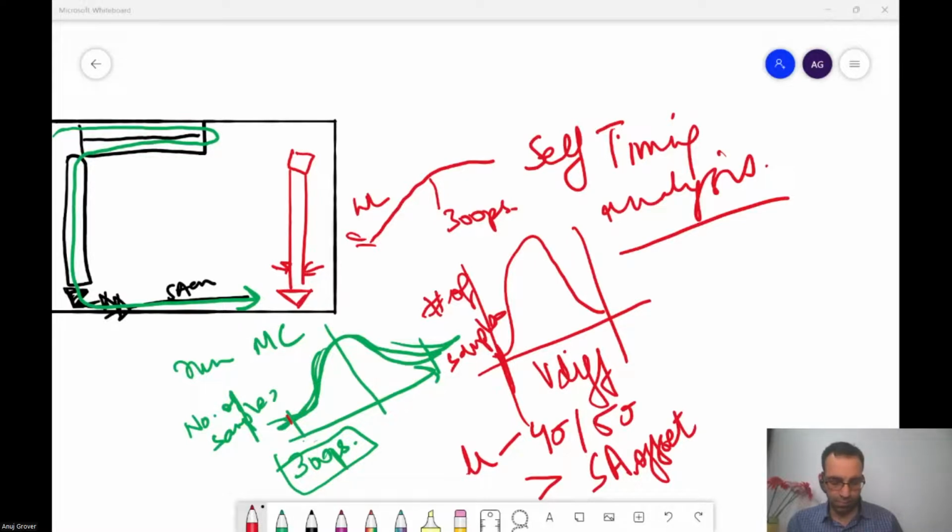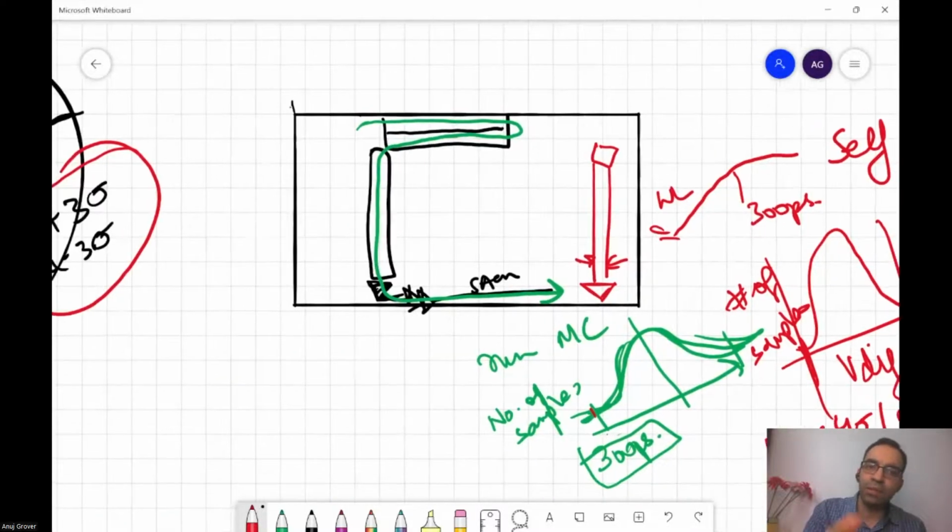This green part that we are getting is from the replica circuit? This is the replica path, huh? Yes. So what I have shown over here is the replica path.